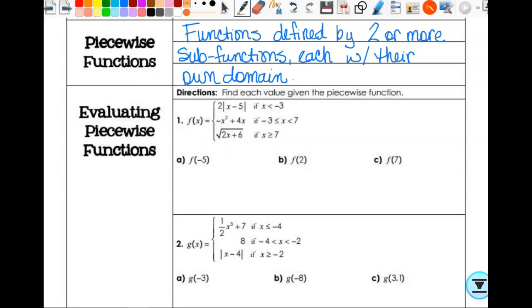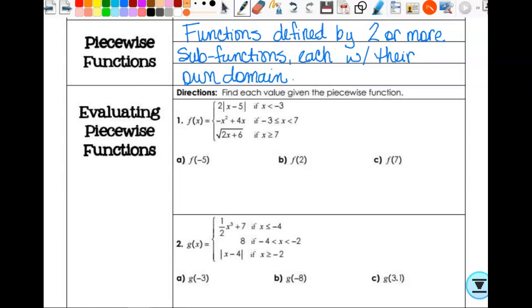We still have to pass the vertical line test. But what's happening here is for everything where x is less than -3, so from negative infinity to -3, I have an absolute value. Then from -3 to 7, it's part of a quadratic. Then from 7 to infinity, it's part of a square root, okay? Does that make sense? So it's just like little sections of it.